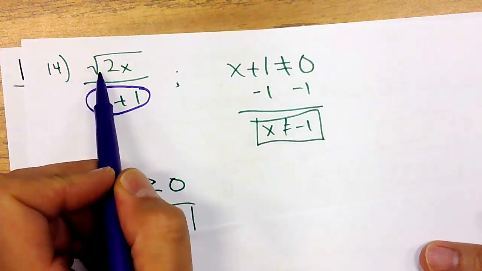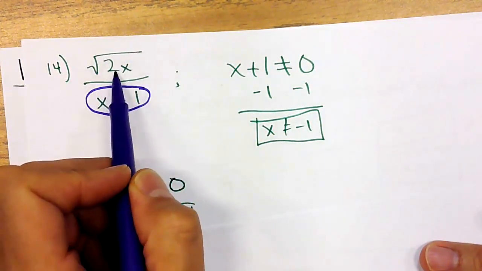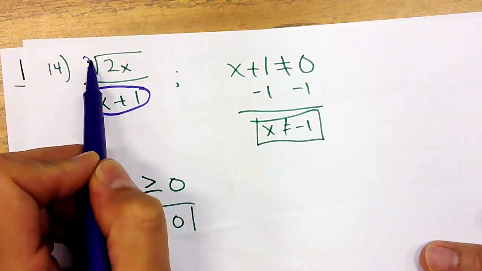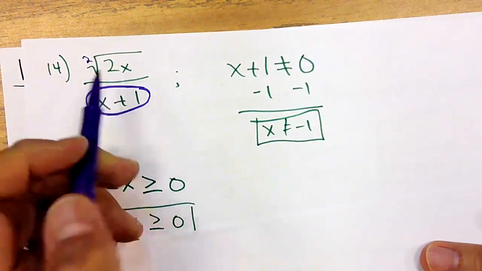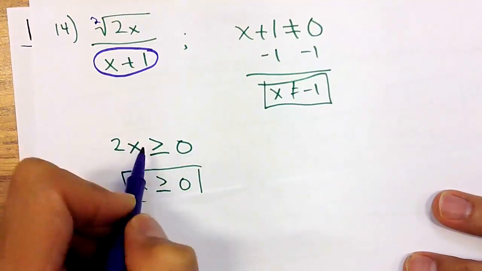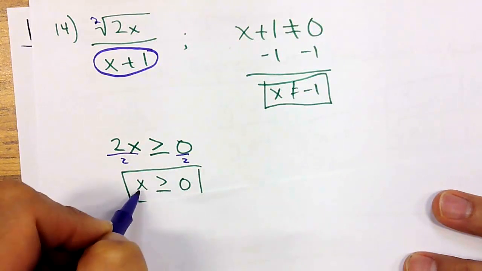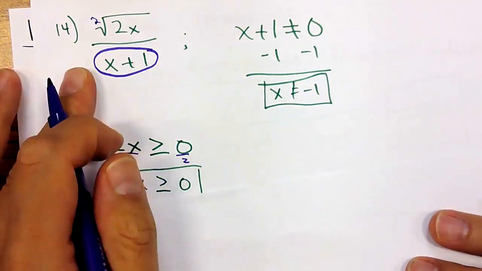And I see a square root on the top in my numerator. Since this is an even root of 2, 2x has to be greater than or equal to 0. So when we divide by 2 on both sides, therefore x has to be greater than or equal to 0. 0 divided by 2 is 0.